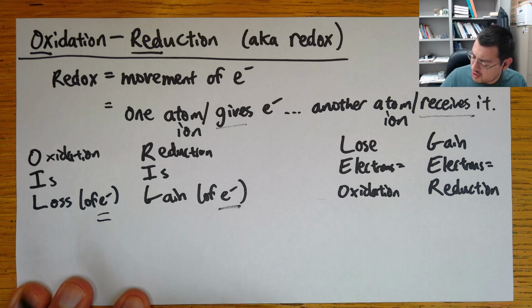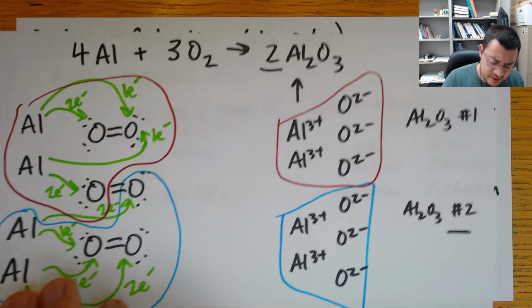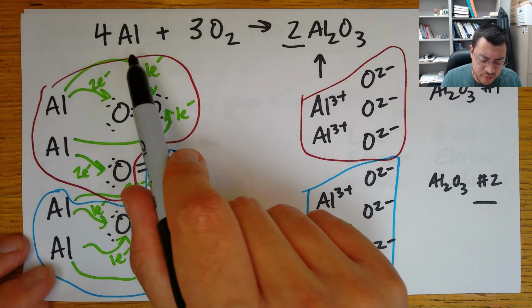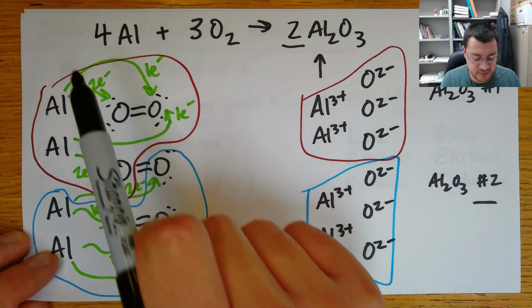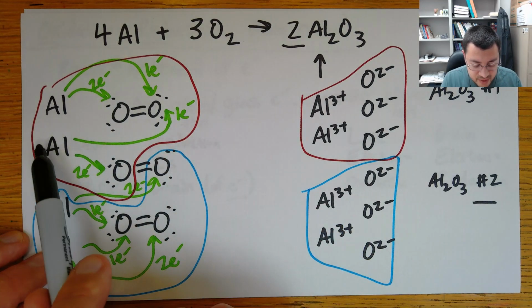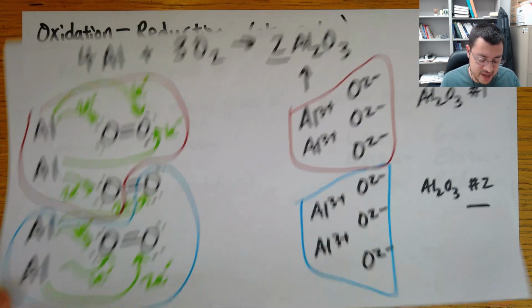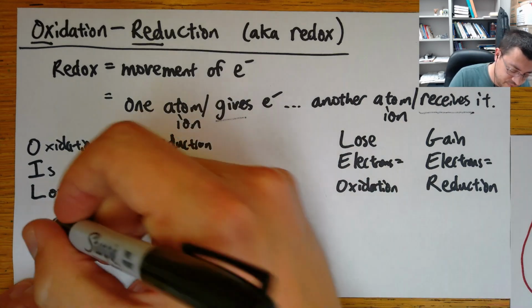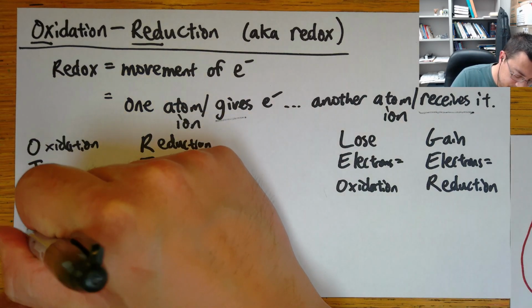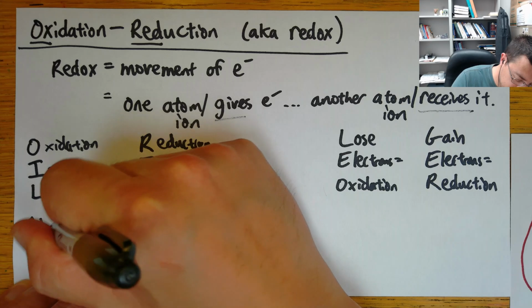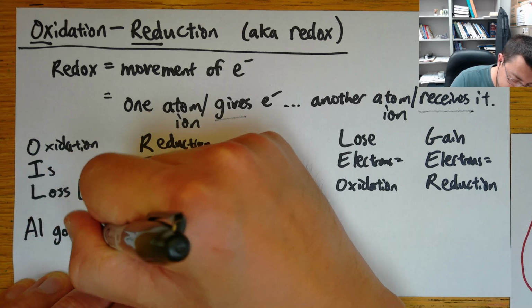First, before we get too ahead of ourselves, let's figure out in our example reaction what was getting oxidized and what was getting reduced. Aluminum was giving its electrons away. It lost electrons, so aluminum got oxidized.